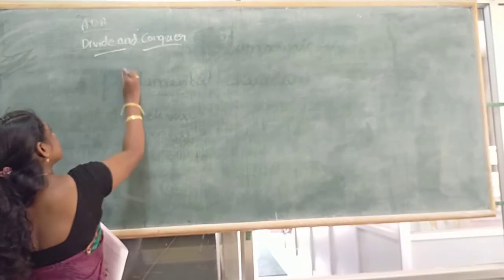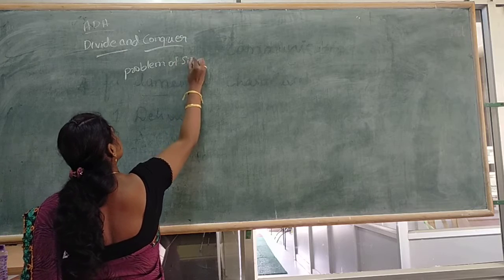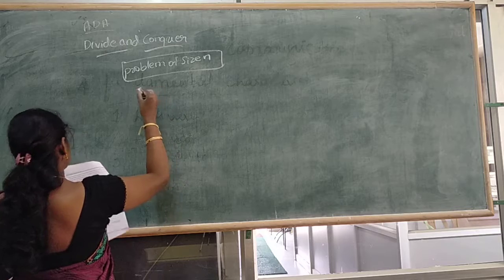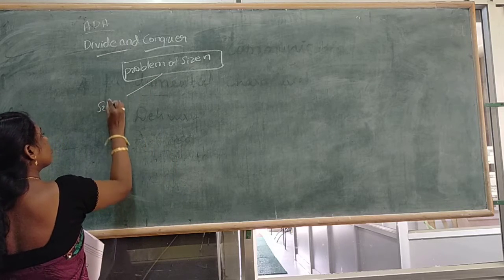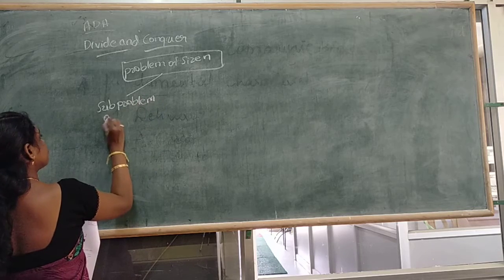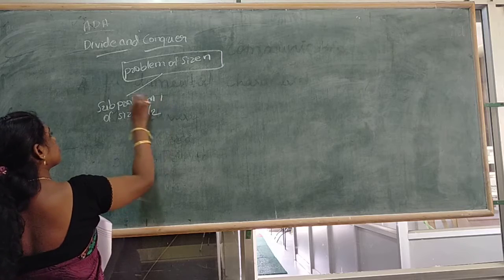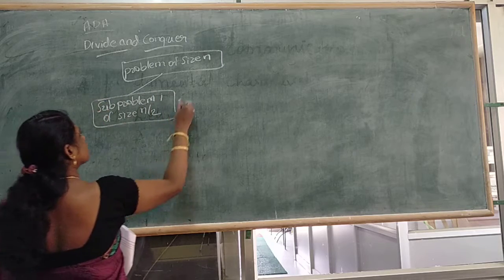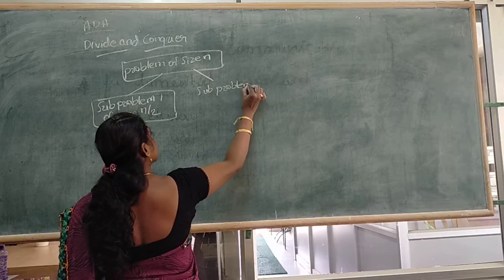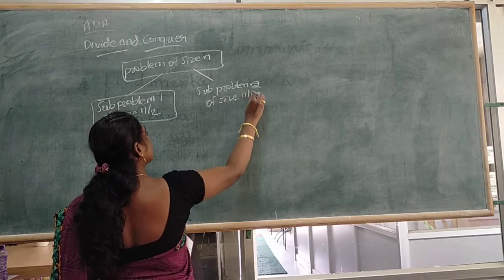So a problem of size n. Next you are going to divide the problem. For example, sub problem 1 of size n by 2, and then sub problem 2 of size n by 2.